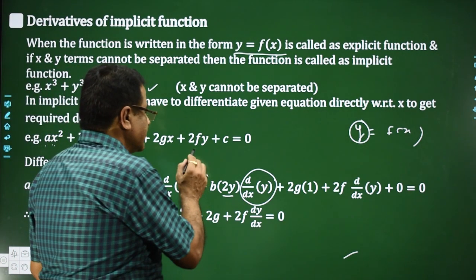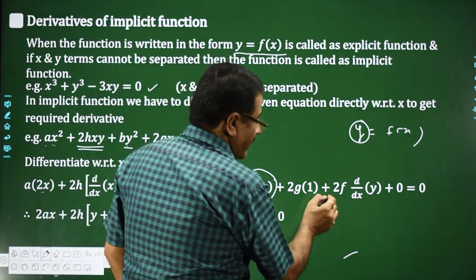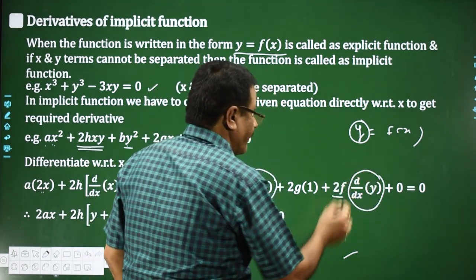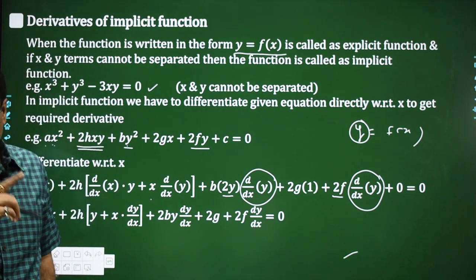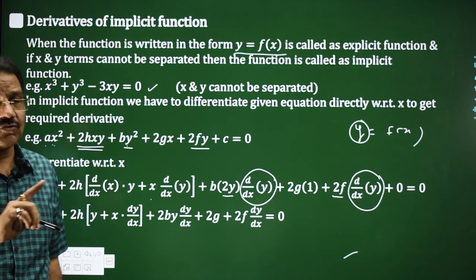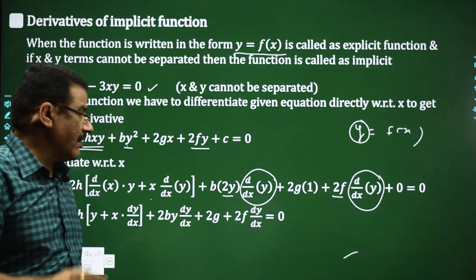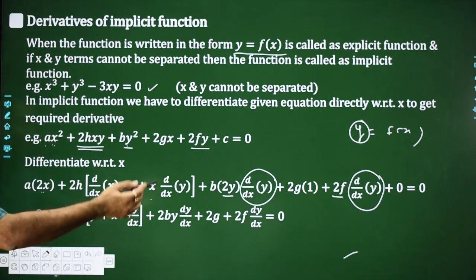Similarly, in this case 2fy. 2f is a constant term, but do not forget to take the derivative of y. So, derivative of x is 1, but derivative of y is not 1, that is dy by dx, because we want to find dy by dx. So, simplify further.